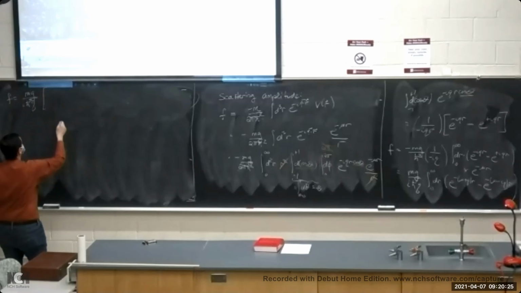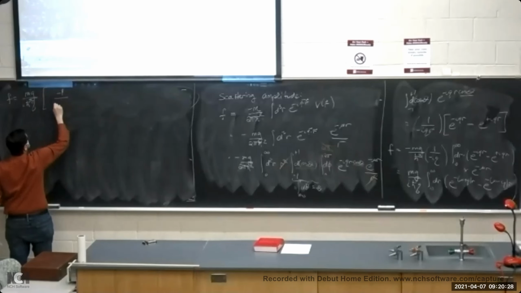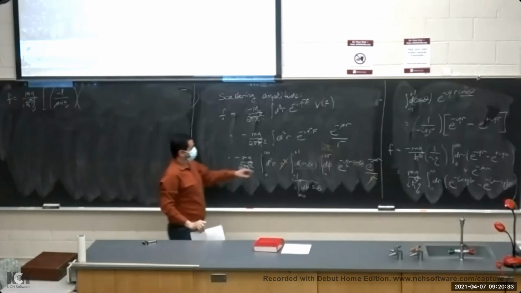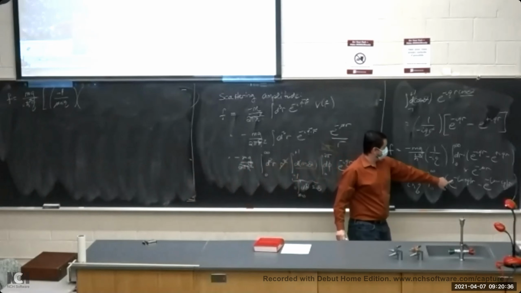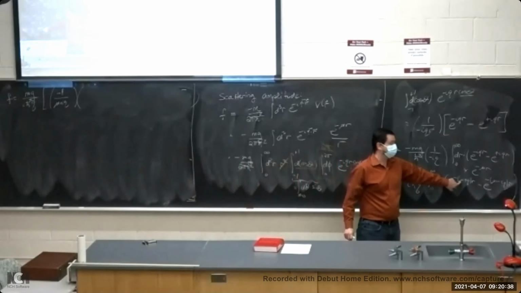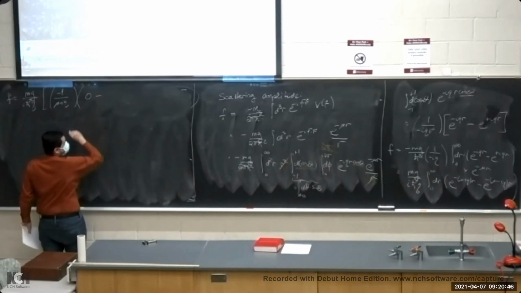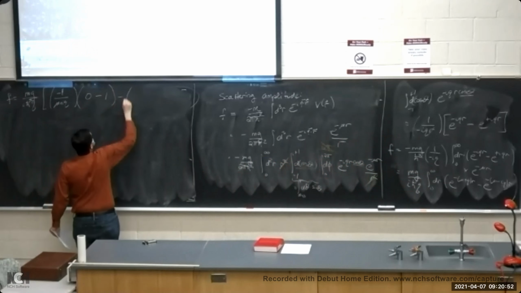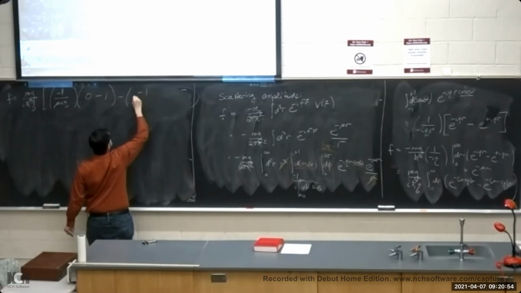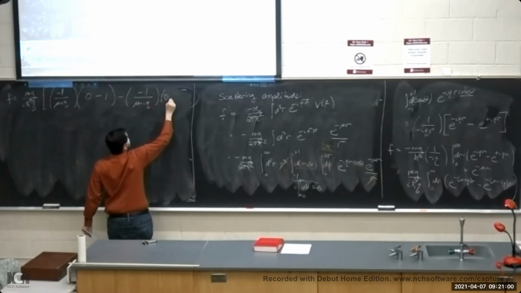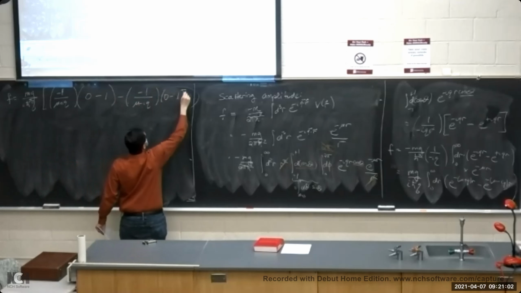In the first term, I get minus 1 over mu plus iq times the value of the exponential at the upper limit, which thankfully, because of that Yukawa damping, that factor of mu up here, safely goes to 0 when r goes to infinity. 0 minus, and then at the lower limit, if r is equal to 0, the exponential is just 1. Minus, in the same way I have the second term, minus 1 over mu minus iq. Upper limit goes to 0, lower limit goes to 1.